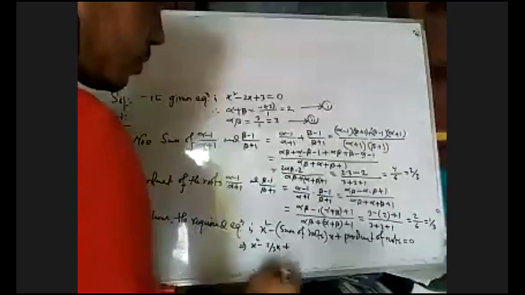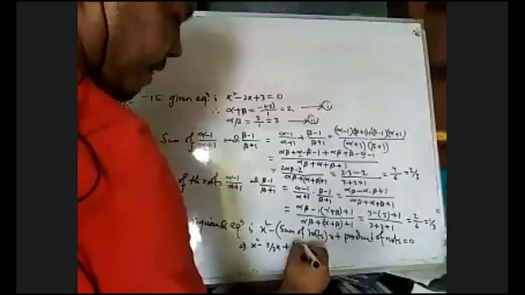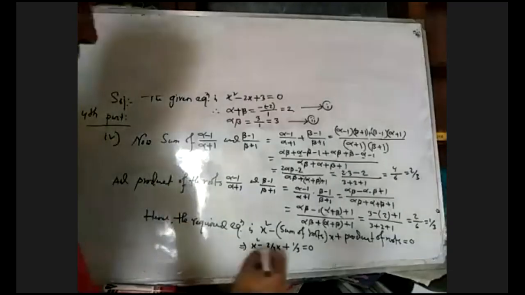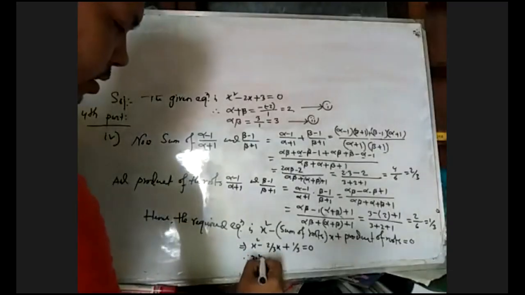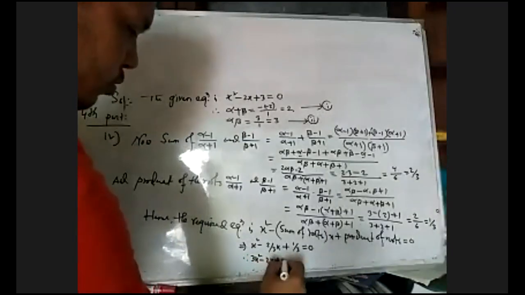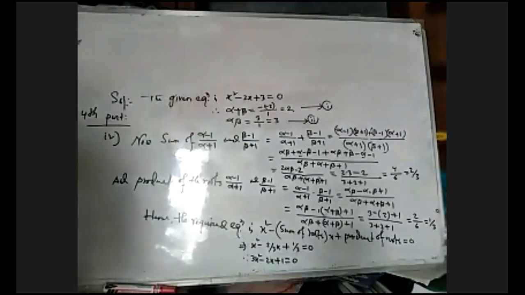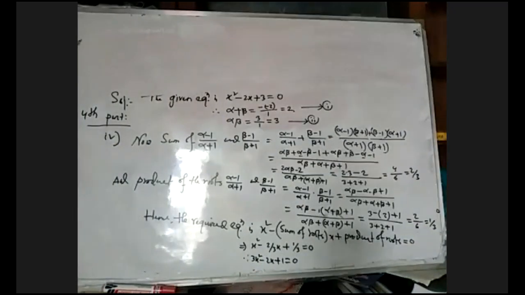So x square minus 2 by 3 into x plus 1 by 3 equals 0. Now multiplying by 3 on both sides, we get 3x squared minus 2x plus 1 equals 0. This is the required quadratic equation.